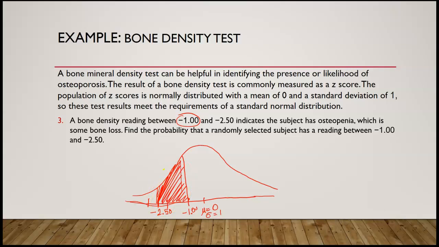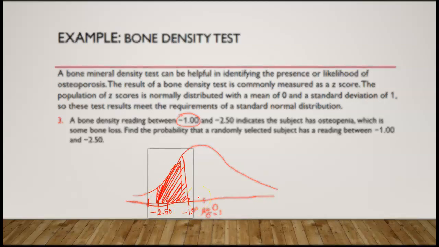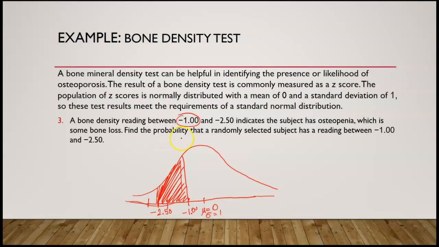Let me first show you how to find the probability that is located between two z-scores using table A2. When we use table A2, remember in that table, the probabilities are shown to the left of the z-score. So we'll need to find the probability that is located to the left of negative 1.0, probability to the left of negative 2.5, and then we will subtract to find the difference between these two probabilities, not between the z-scores, between the two probabilities.